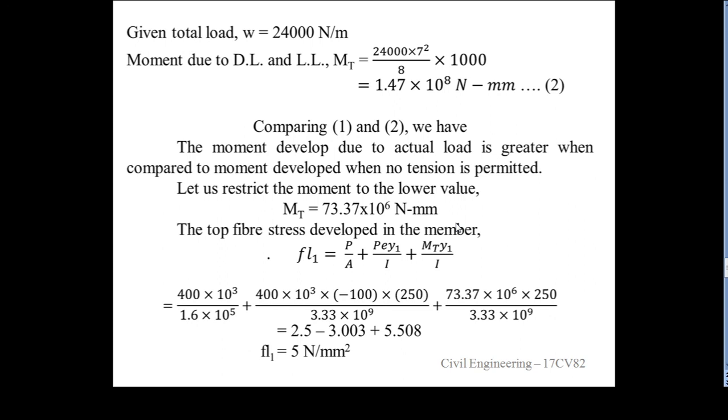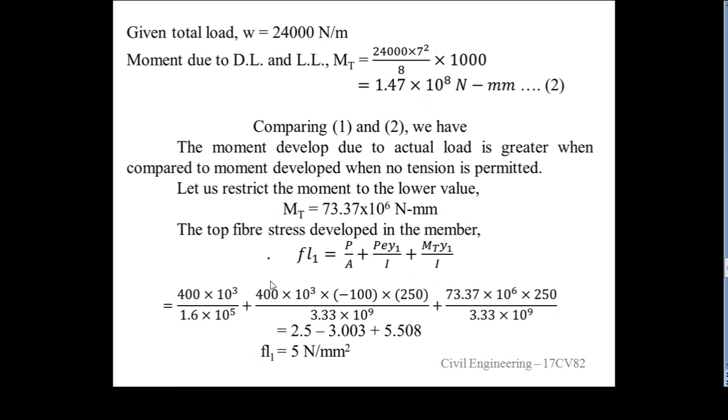Then the top fiber stress developed in the member. How do we calculate the top fiber stress? FL1 is equal to P by A plus P E Y1 by I plus MT Y1 divided by I. This is the relation to calculate the top fiber stress developed in a member.